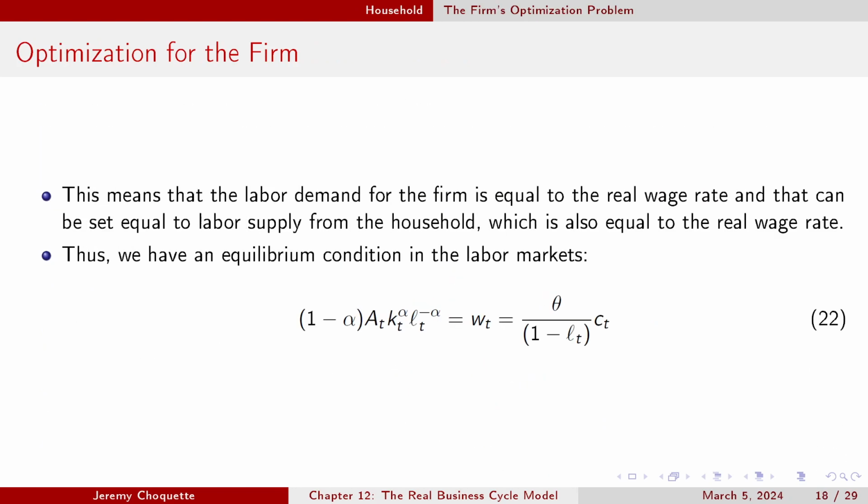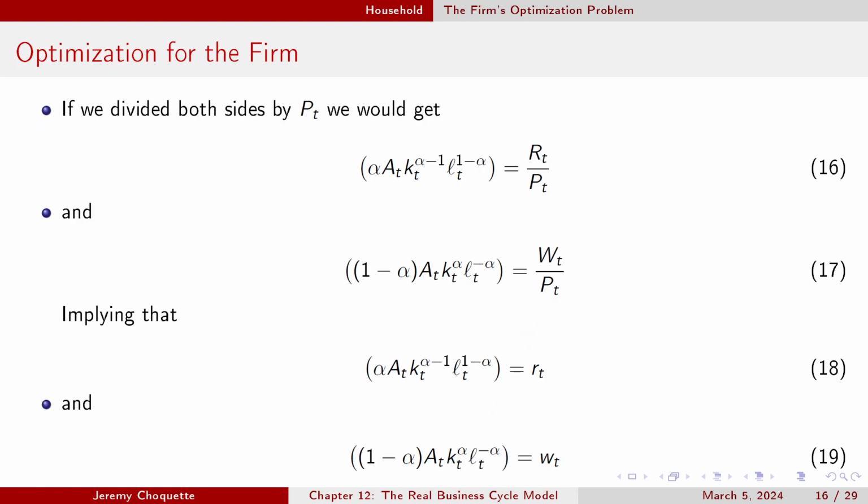Slide 16, equation 18. R T is equal to the marginal product of capital today. Tomorrow's marginal product of capital is equal to R T plus 1. Therefore, this is the decentralized version of the neoclassical growth model.